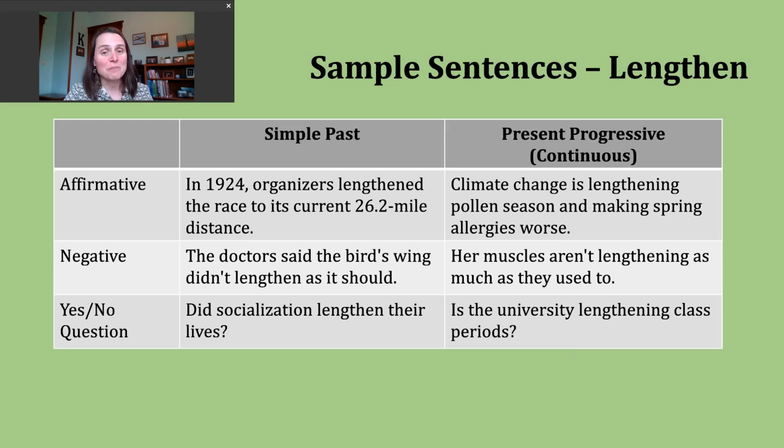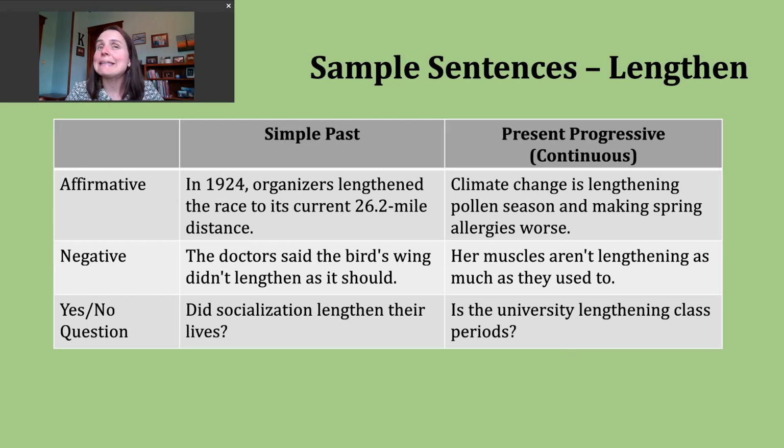Okay? You might recognize in this sentence that they're talking about a marathon, and right, we have a specific date, so we know this is a completed action at a known time, and we know the people who organized or held the race, right, decided to make the race longer.